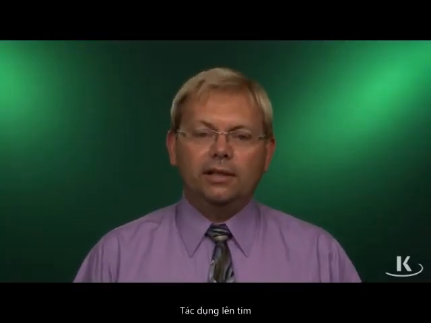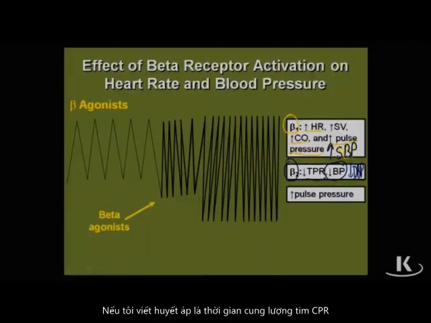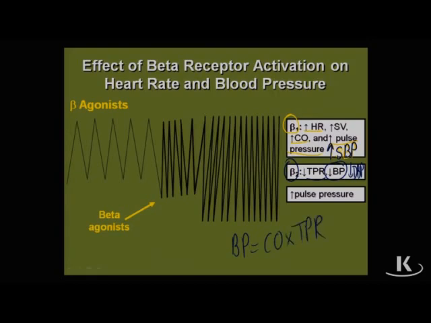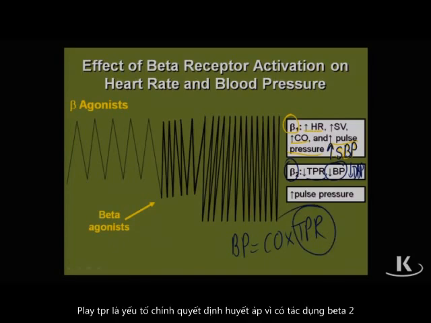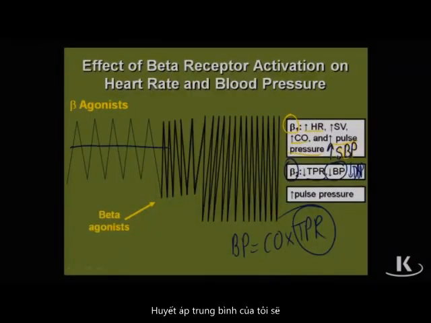The effect on the heart or the effect on the TPR? Let's see. If I write blood pressure is cardiac output times TPR, who's the main determinant? Absolutely, TPR is the primary determinant of blood pressure. As such, because there is a beta 2 effect, my mean blood pressure will decrease on that tracing.